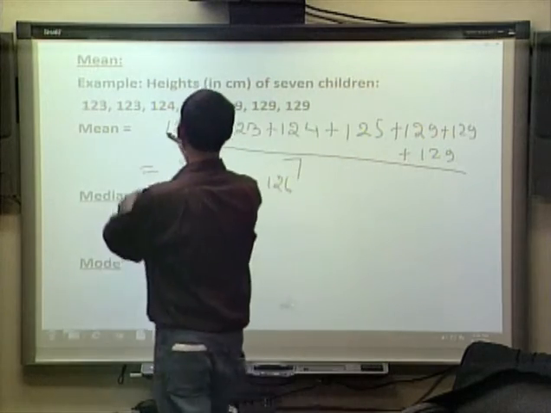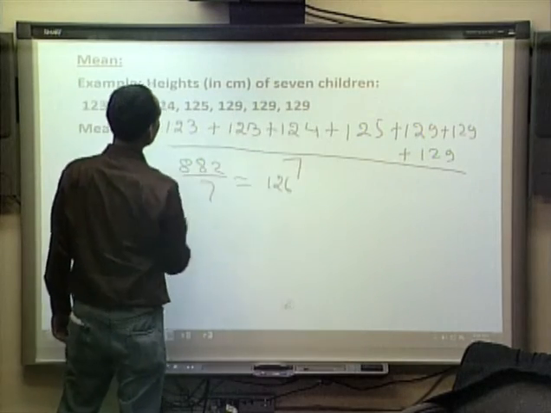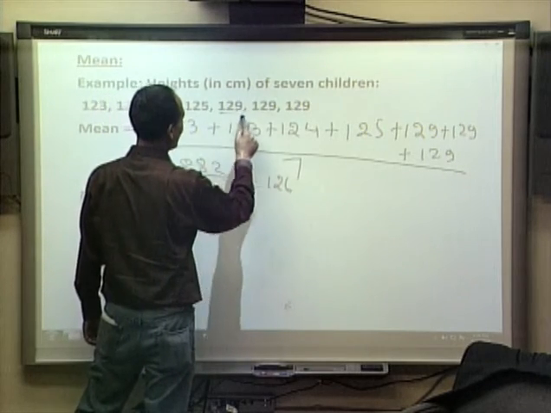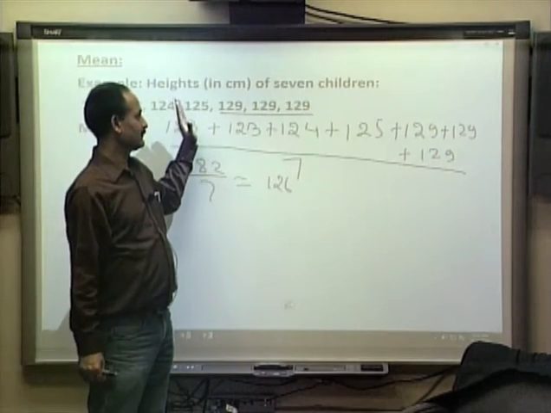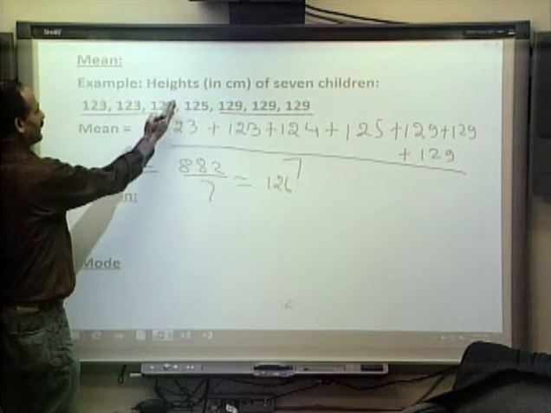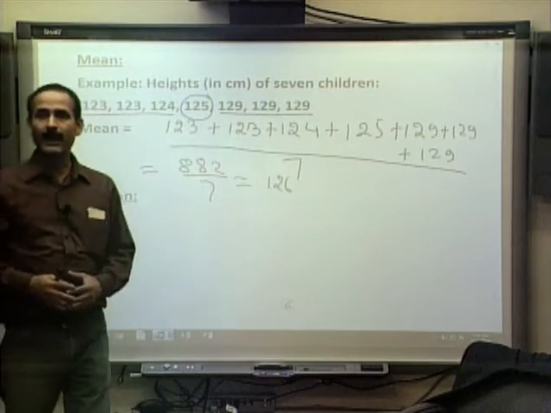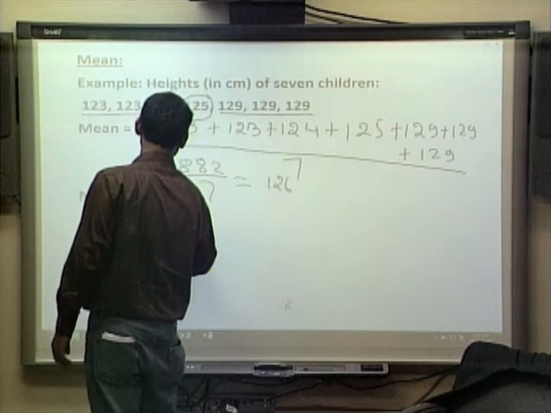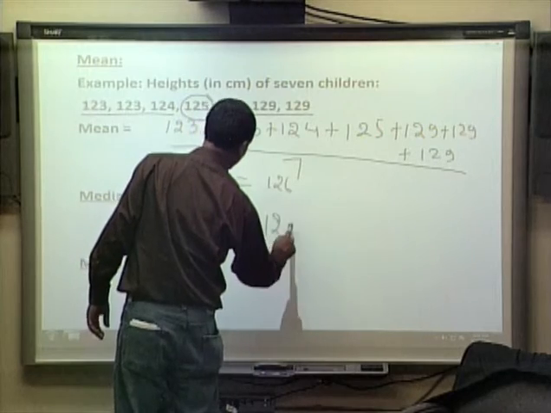If we want to find the median for this example, 1, 2, 3, 4, 5, 6, 7, 3 observations will fall on the upper half, 3 observations will fall on the lower half, and this 125 is dividing the data into 2 equal halves. So, that 125 is called the median.